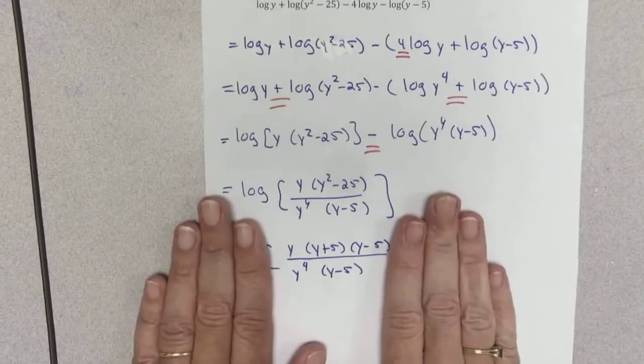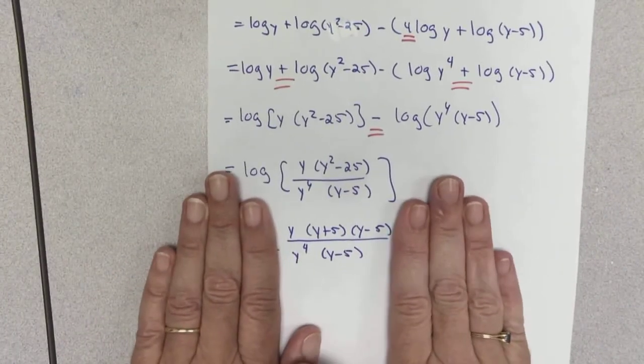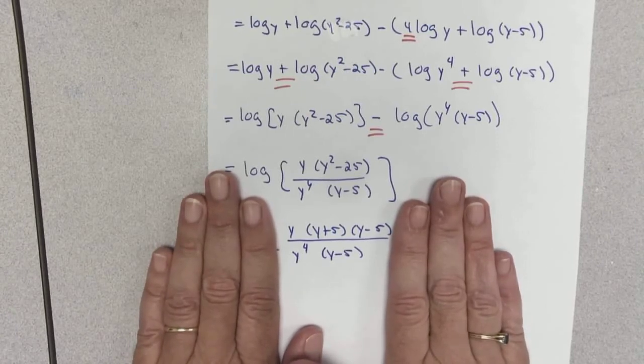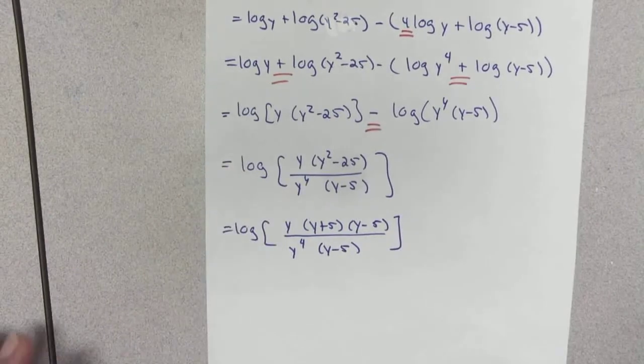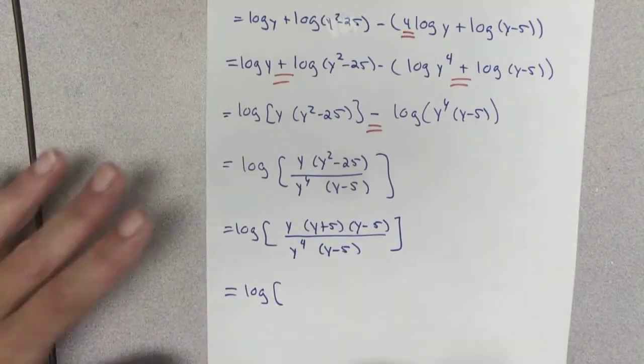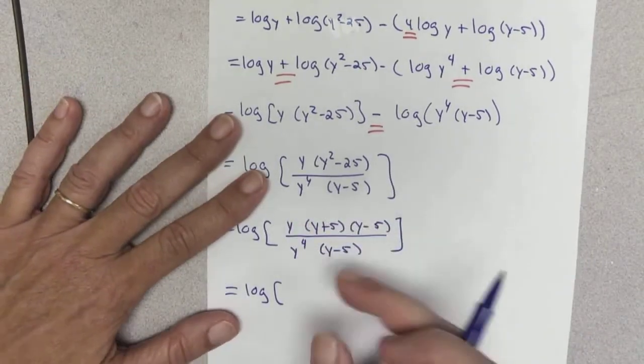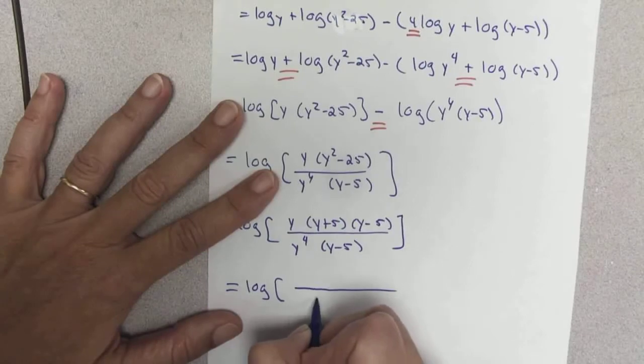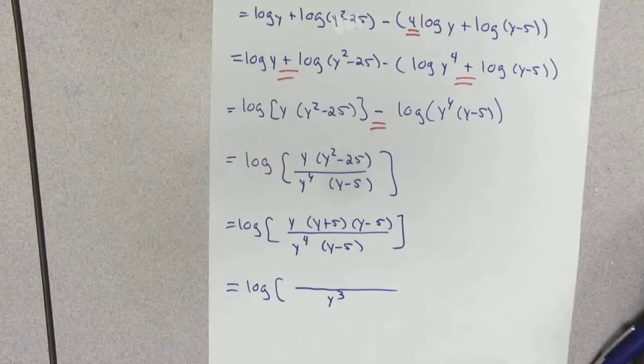Then I'd say the next same thing. What do your instincts tell you to do now? And so, generally I'm greeted by a lot of silence, but someone would eventually say, cancel? And indeed, I can cancel. Or the more precise term, divide. Y divided into y to the 4th would be y cubed.